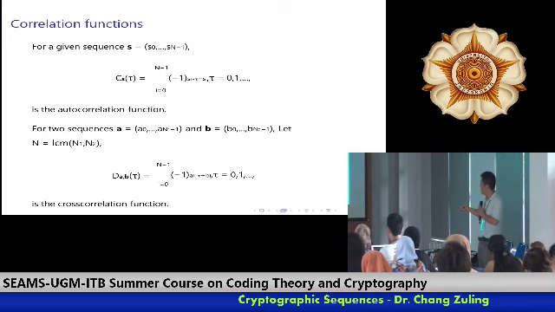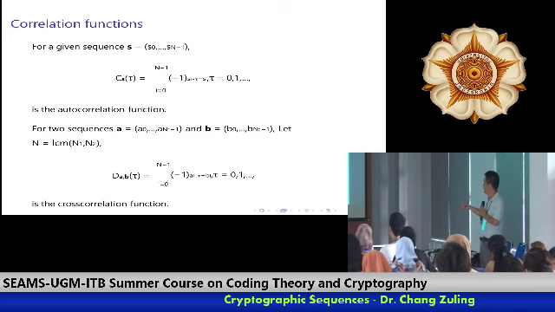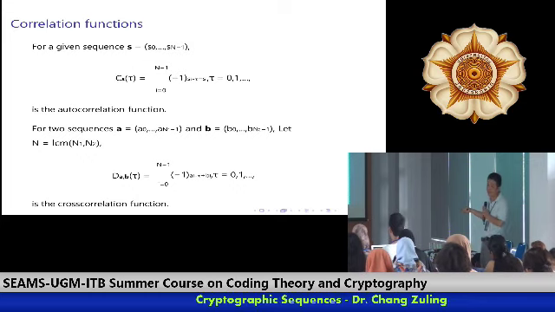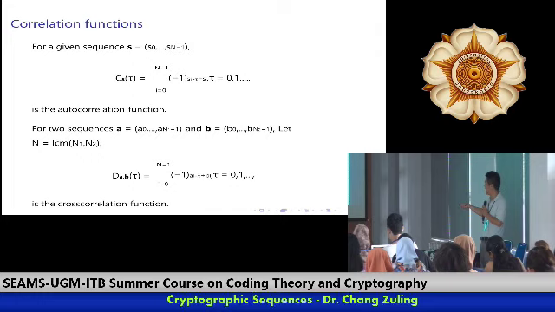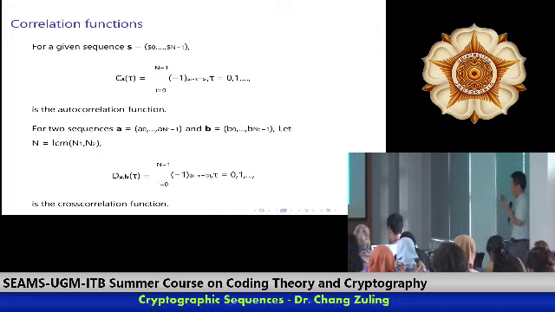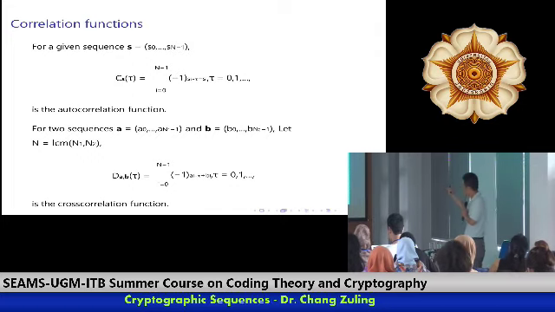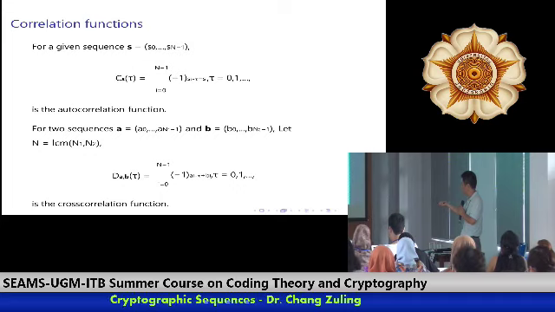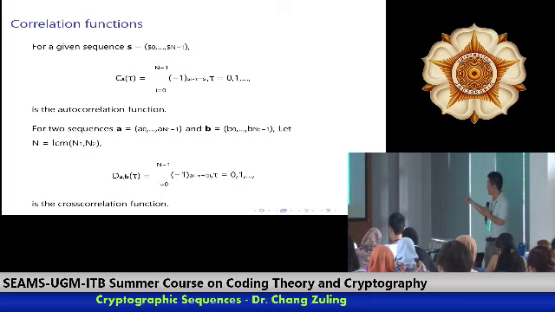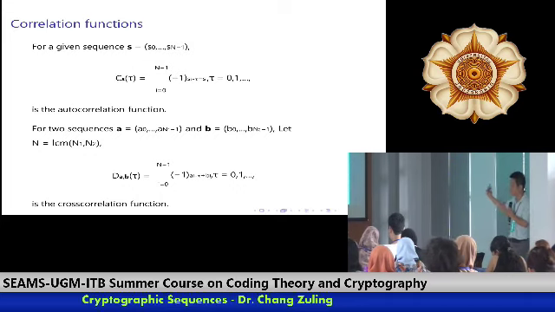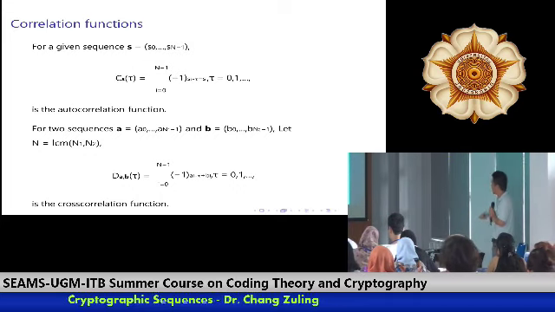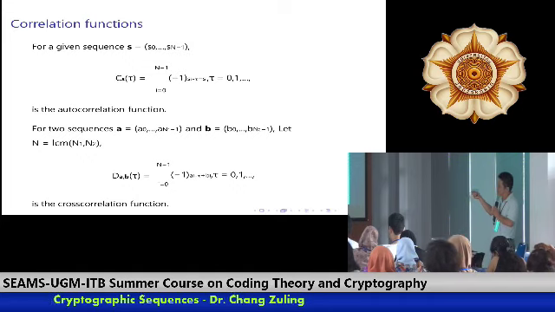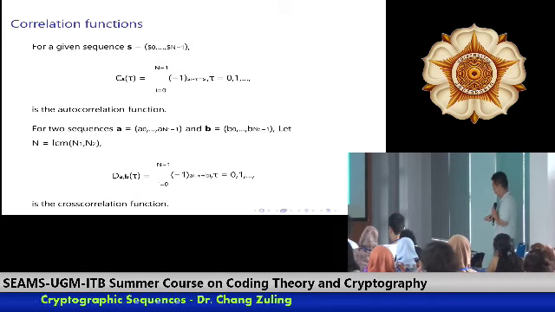And we also take the sum of (-1)^(a_{i+τ} + b_i). This is s_{i+τ} plus s_i for one sequence, and s_{i+τ} plus another sequence b_i for two. So for two sequences, we consider the cross-correlation; for one sequence, we consider the autocorrelation. These are the two definitions. The correlation function is very important in communications.